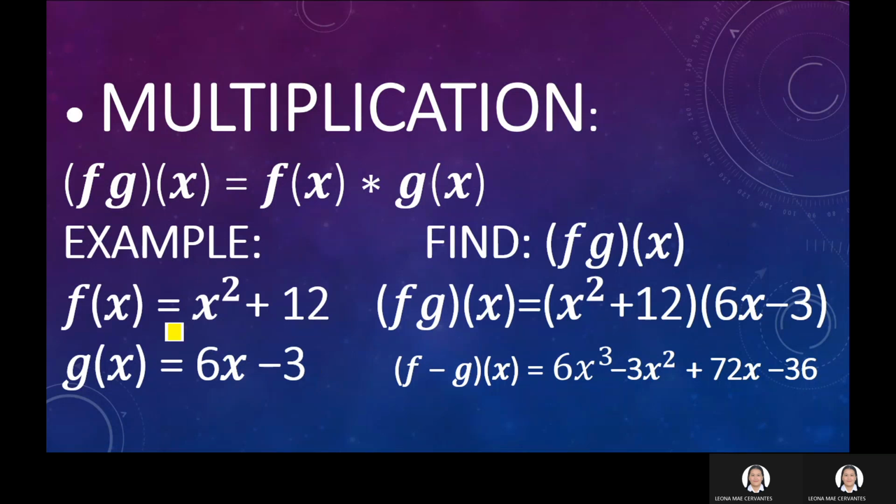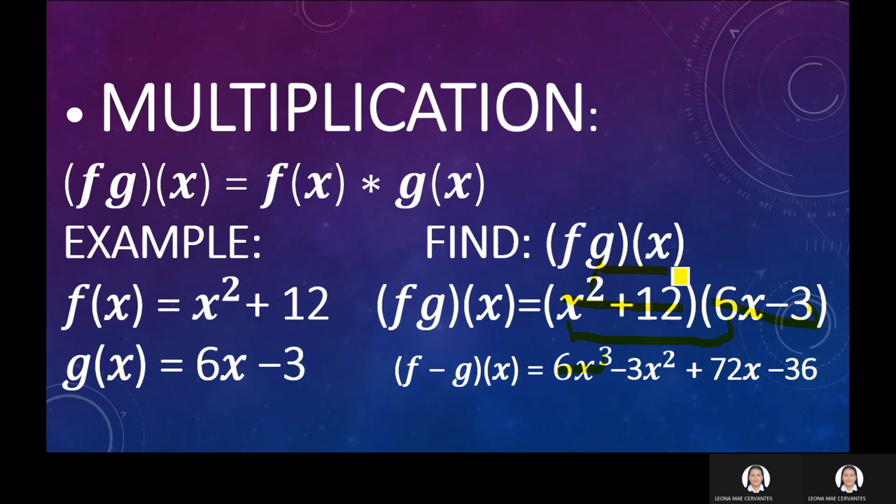So again, we have x squared plus 12 and 6x minus 3. So using the FOIL method, we have x squared times 6x is equal to 6x cubed.